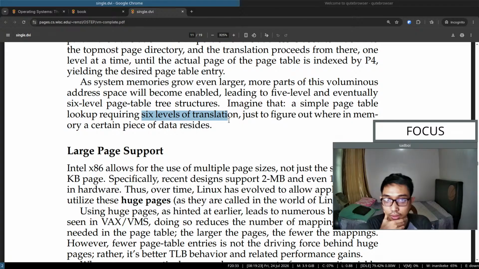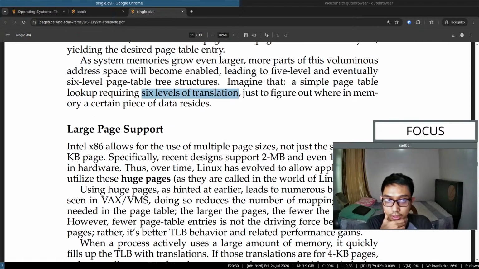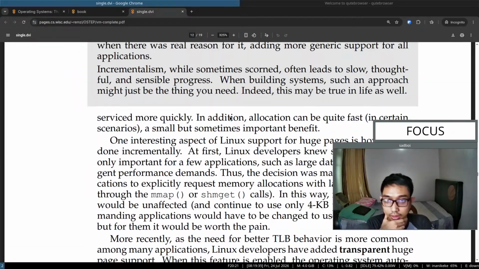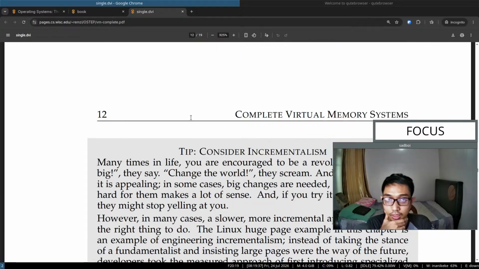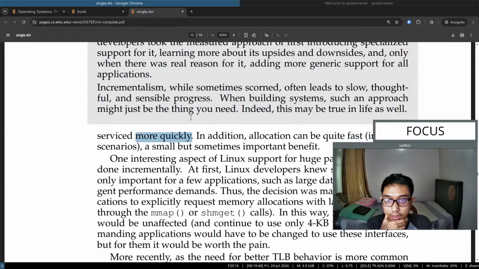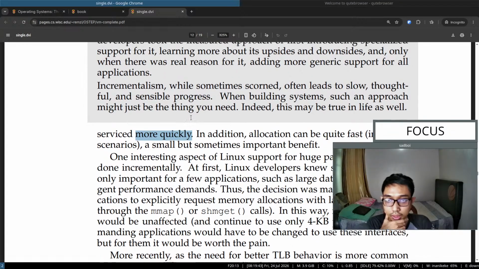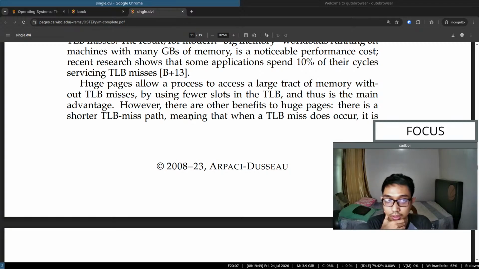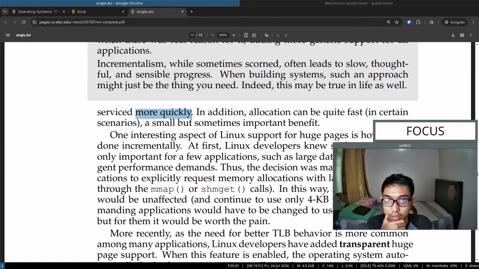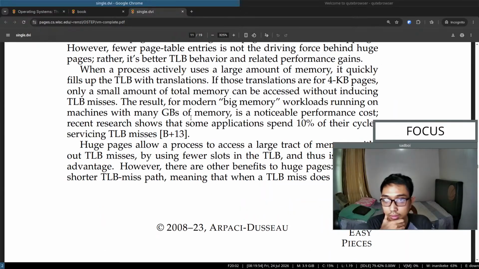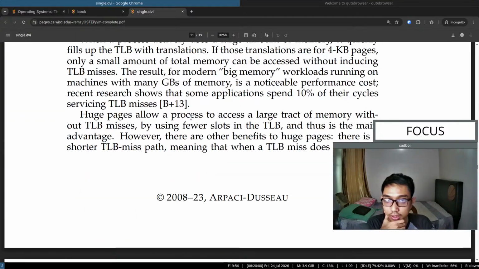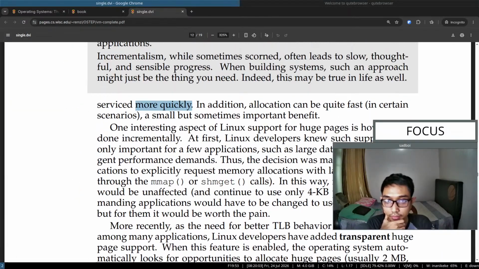We need 6 levels of translation just to figure out where in the memory a certain piece of data resides. So maybe that is why, when we have the TLB miss, using huge pages can make it quicker, I guess, to get the translation address, maybe something like that.